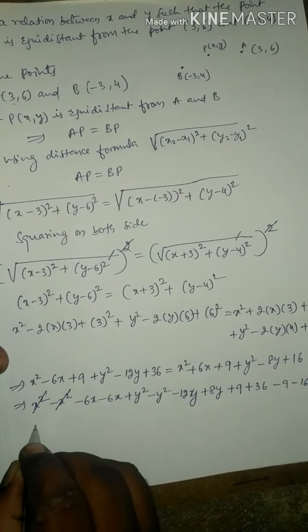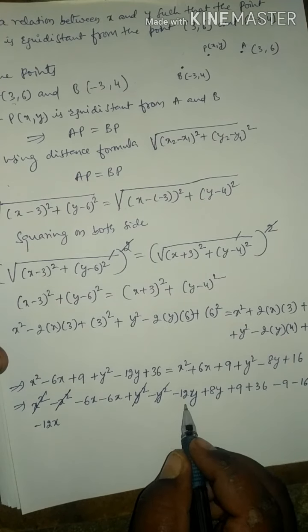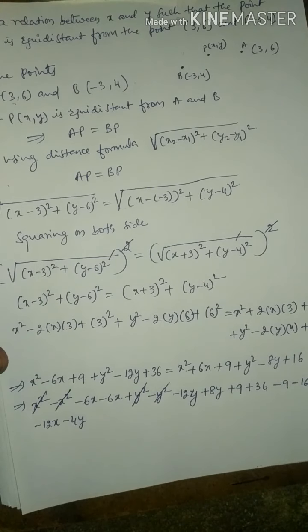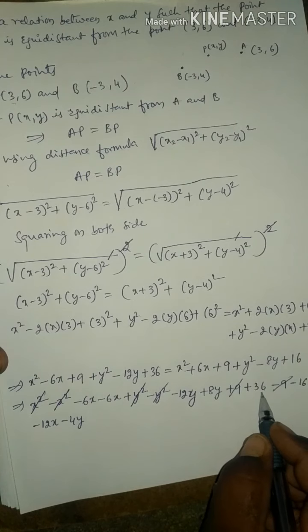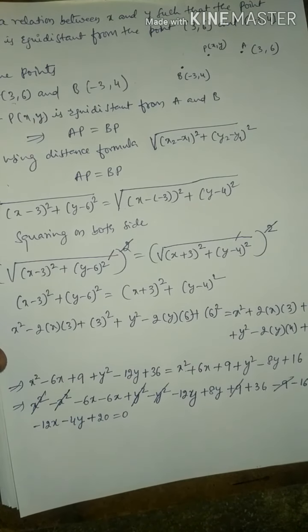Minus 6x minus 6x is minus 12x. y square minus y square is 0. Minus 12y plus 8y is minus 4y. Here plus 9 minus 9 is 0. 36 minus 16 is 20. So minus 12x minus 4y plus 20 is equal to 0.